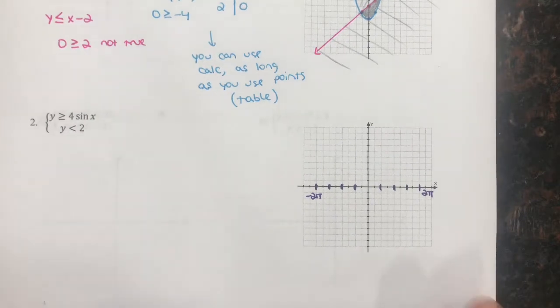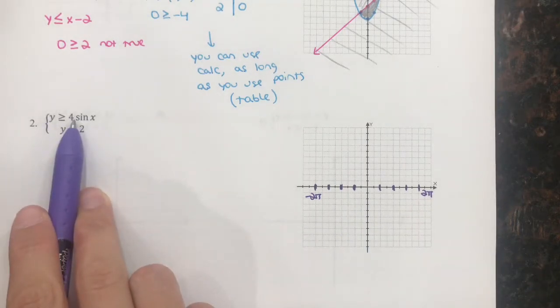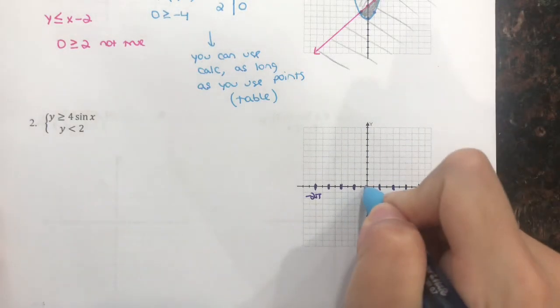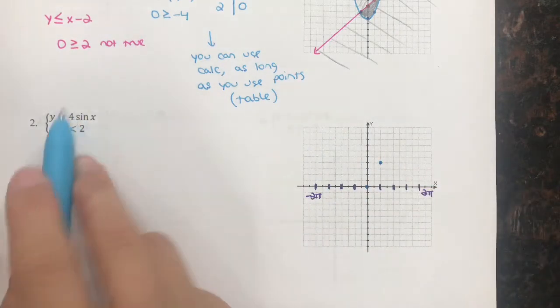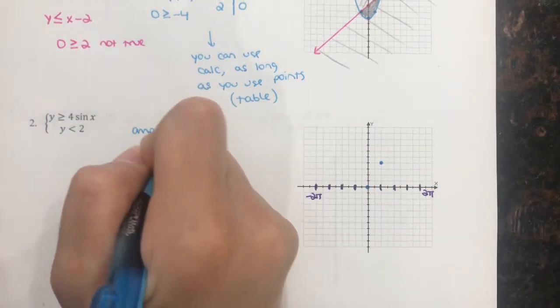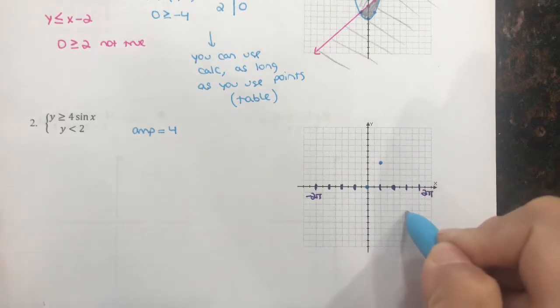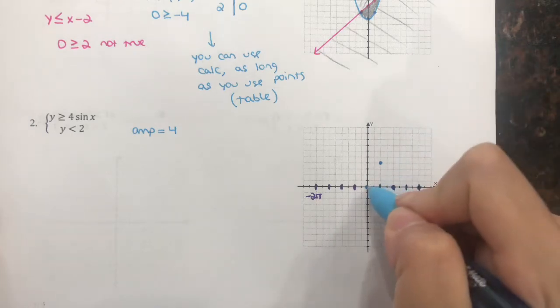Remember that when we do a cycle of sine, it's always going to be 4 tick marks that you use for that whole cycle. So sine starts at the midline. We go up to a maximum using that amplitude of 4. Back to the midline, down to the minimum at negative 4, back to the midline.